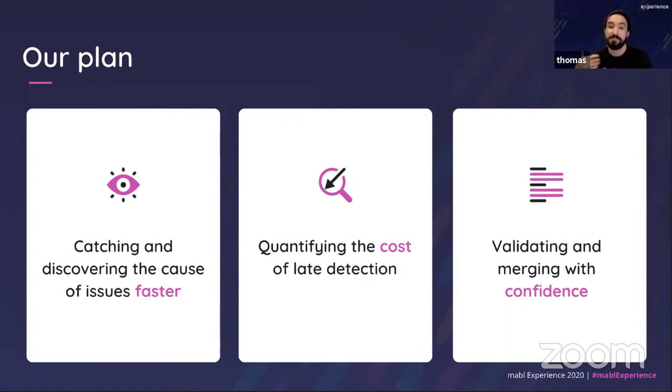We're also going to touch on quantifying the cost of late detection, both the effort involved as well as the impact on your users, your customers, the people who are using your product at the end of the day. And in the final piece of this, Daryl's going to go through validating the changes, validating bug fixes, as well as just general new code changes, and being able to merge with confidence at the end of the day, because that's what quality is about.